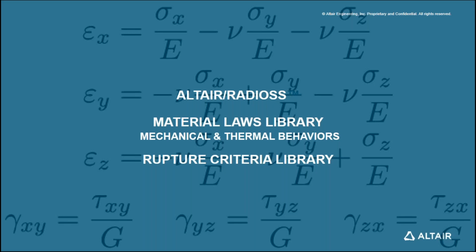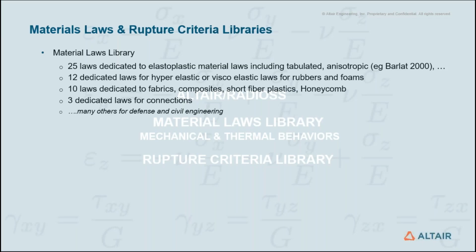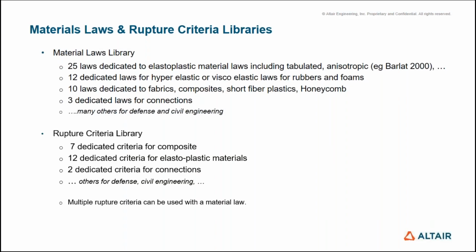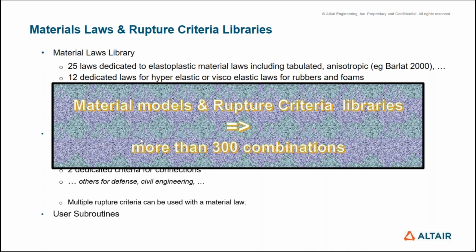For brittle materials, for glass, for composites, you need to have these material models. Apart from that, you need to consider the failure criteria as well. We have almost 300 plus material models, starting from elastoplastic to viscous, hyperelastic, for honeycomb, for fabrics, composites. All the material models are available along with the rupture criteria library. So there are almost 300 combinations in Radioss, which you can use for your complex physics simulation.